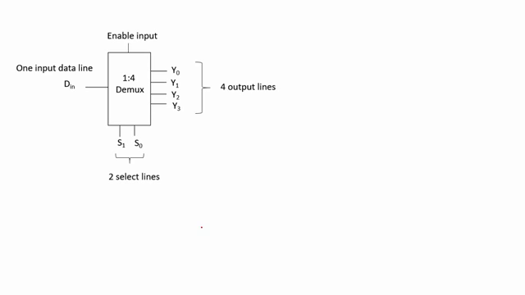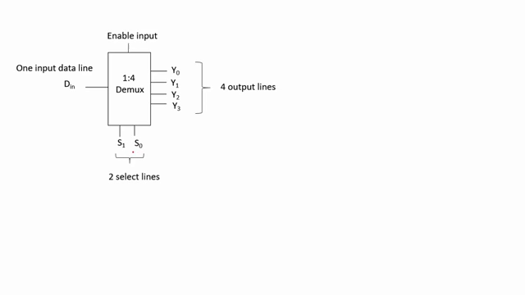The truth table and the working of a 1 to 4 demultiplexer can be understood by looking at its block diagram. From the definition of a demultiplexer, we know that the input data line is connected to a particular output data line depending on the combination of select lines.